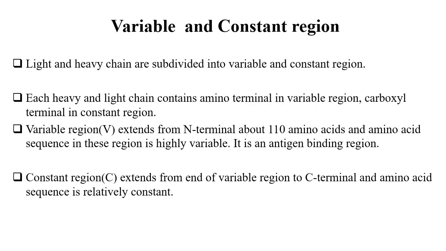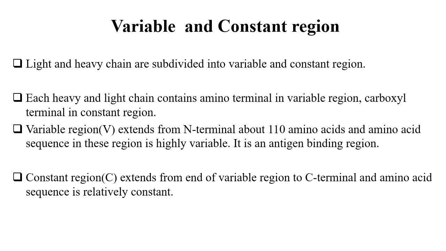Variable and constant regions in antibodies. Light and heavy chains are subdivided into variable and constant regions. Each heavy and light chain contains the amino terminal in the variable region and the carboxyl terminal in the constant region.